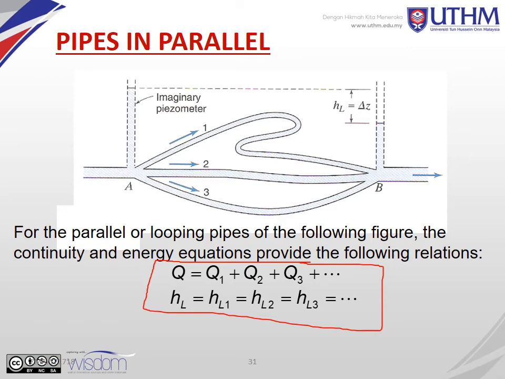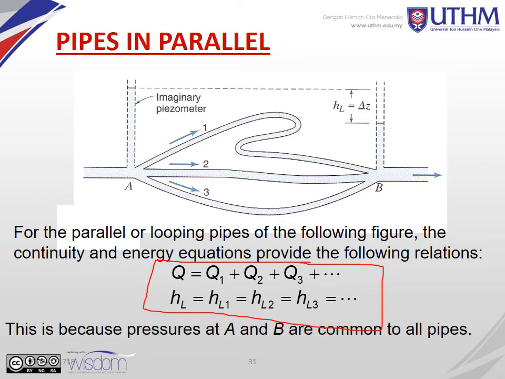But for the series, Q is Q1 equal to Q2, Q3 and so on, and HL is HL1 plus HL2 plus HL3. That's for pipes in series.